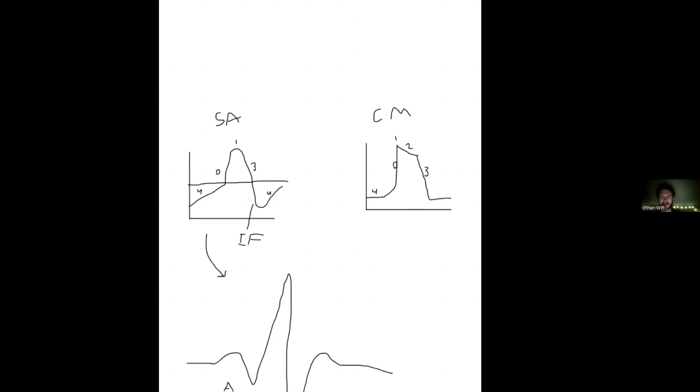And the I_f that I've written here stands for the funny channel. And the reason they call it the funny channel is because it's a sodium channel that opens as the cell actually gets hyperpolarized, as opposed to traditionally where we see all these different voltage-gated channels being activated as the cell depolarizes and reaches a more positive state, at least in terms of millivolts that we can measure.